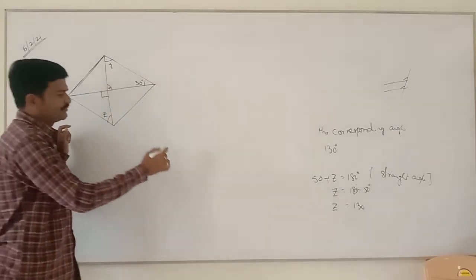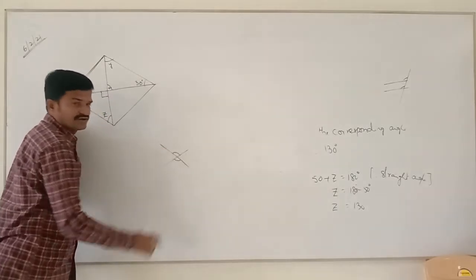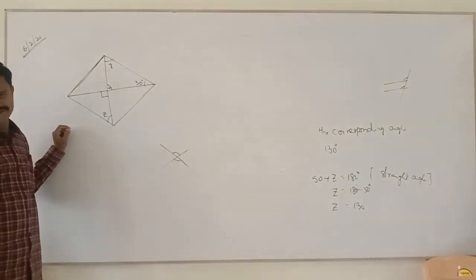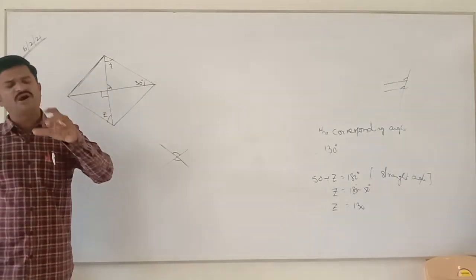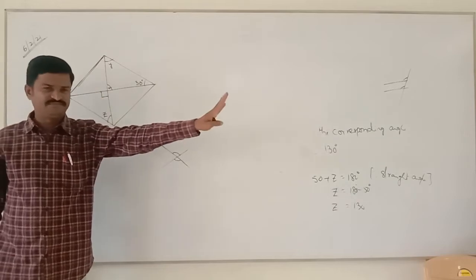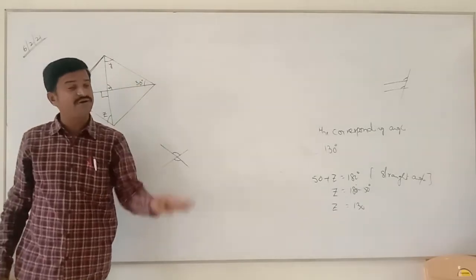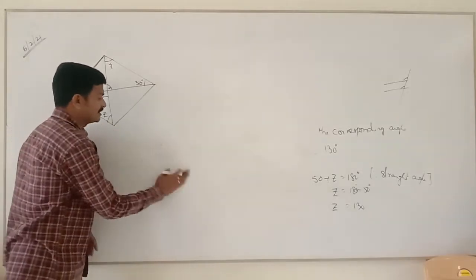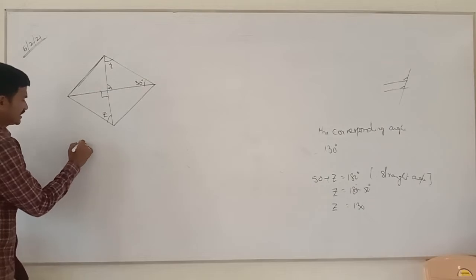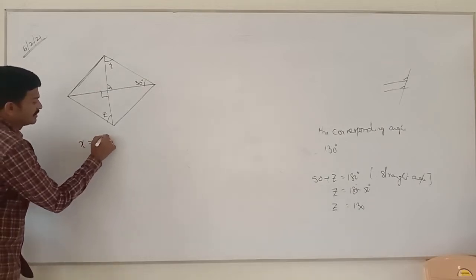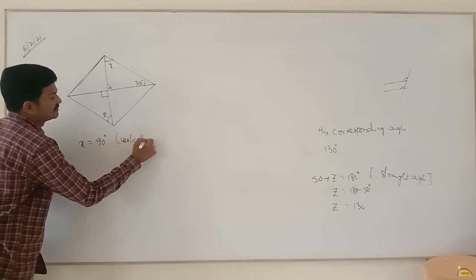If any two lines intersect like this, these two angles are vertically opposite angles. Vertically opposite angles are always equal. That is the main important property. So here, this and this are vertically opposite angles only, na? So x is also 90, since vertically opposite angles are equal.